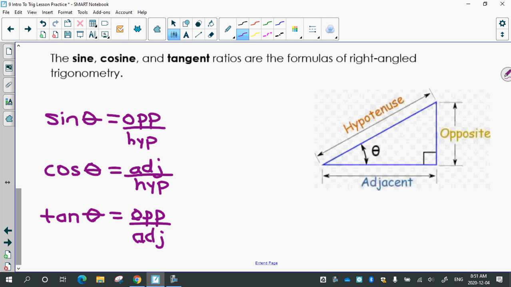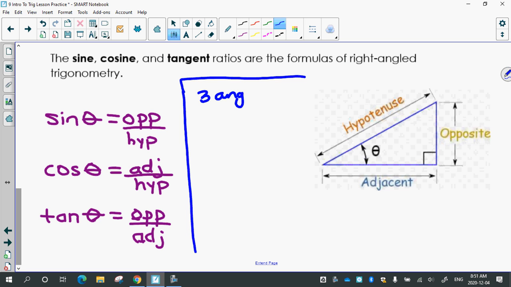So those are your 3 formulas for trigonometry, but also keep in mind that there's 2 things from grade 9 you should also know about right angle triangles. And that's 3 angles add up to 180. Okay, that's true. Everybody agree with that? And then, does Pythagorean theorem apply to right angle triangles?